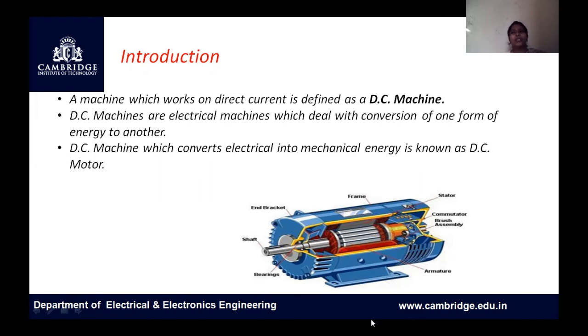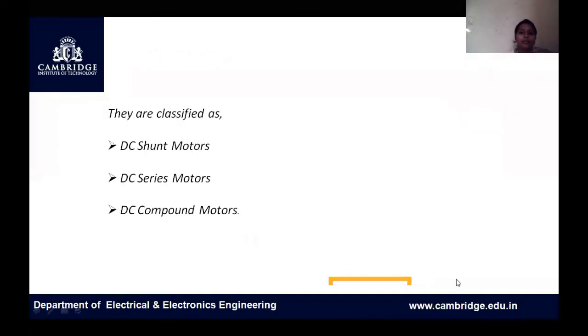A DC motor is basically a constant speed motor. If you want to vary the speed, there will be a loss in efficiency. We can vary the speed of the DC motor, but there will be some loss in efficiency.